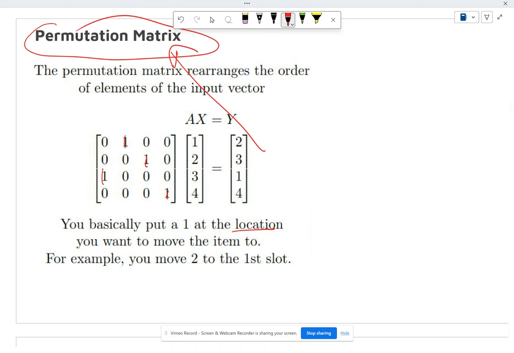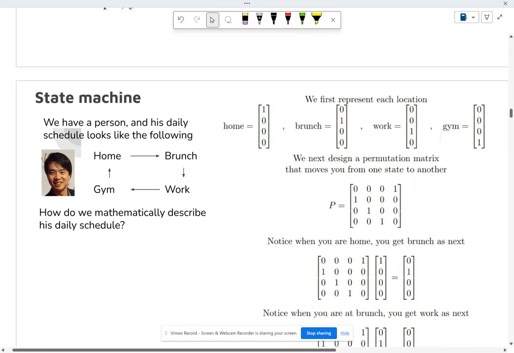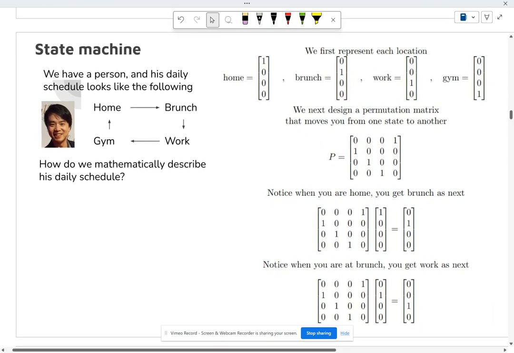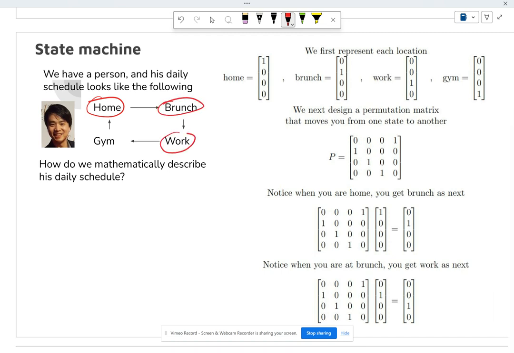For one, we can use it to model like activities that go from one state to another. Let's take this one, for example. Let's say my schedule is I start from home, I go eat some brunch, I go to work, I go to gym, then I go home again. So this is like the cycle every single day.